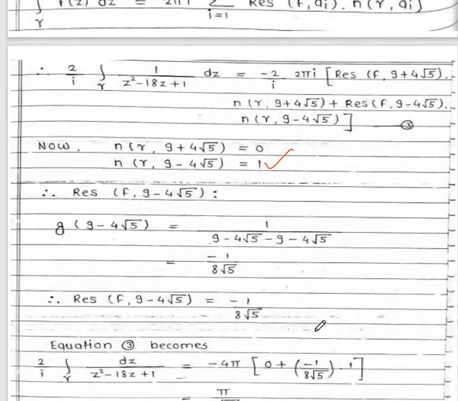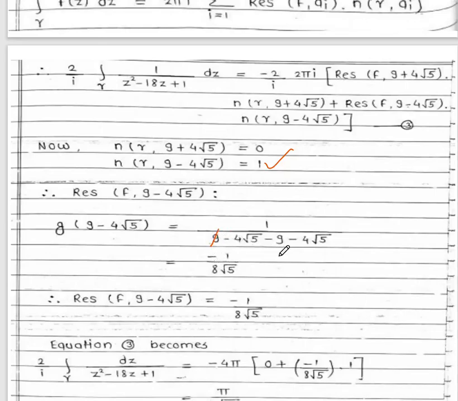Now we will find the residue of f at the point 9 minus 4 under root 5. Let us consider g of z equal to 1 upon z minus a, with the value of z, that is 9 minus 4 under root 5 put in. The 9 and minus 9 will get cancelled, giving minus 1 upon 8 under root 5.